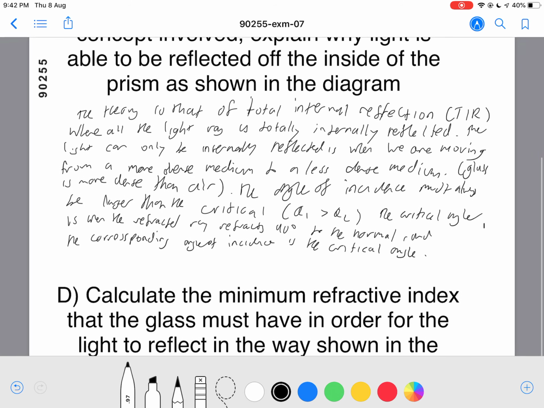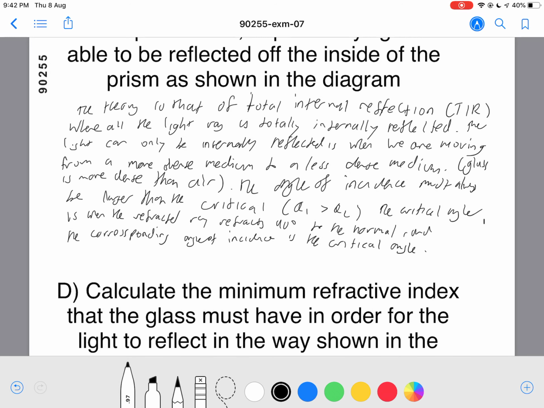And that's really all you need to get your excellence grade. So you're studying these 3 bullet points, very important bullet points here. And that's all you need to do to get your maximum grade for this question. So, internal reflection and your 2 conditions.